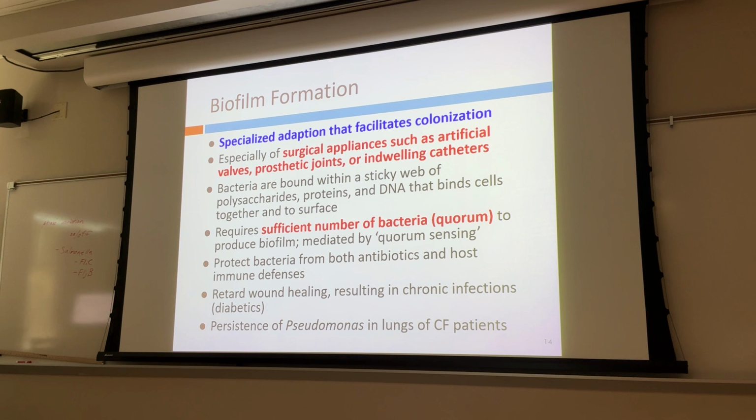They also change the way they behave. Normally, if you grew Pseudomonas here in the lab, it respires aerobically, which means it needs oxygen for metabolism. It's motile, so it can move. In a cystic fibrosis patient's lungs, it becomes sessile, which means it doesn't move anymore. It starts making this substance called alginate.